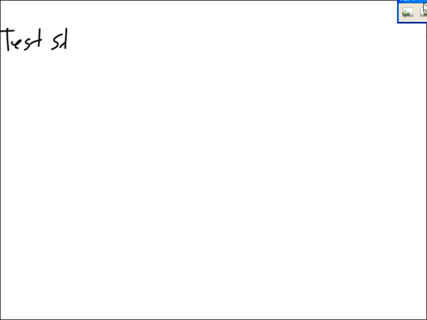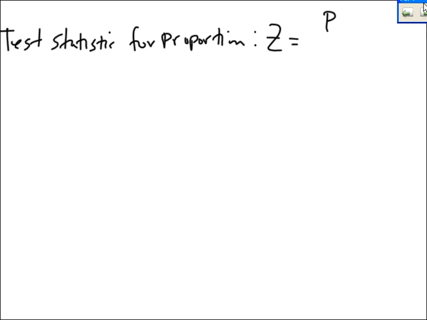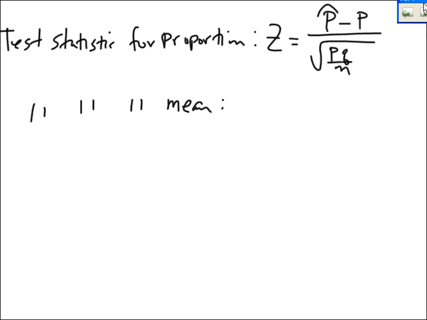The test for the proportion is Z is equal to P hat minus P divided by the square root of PQ over N. The test statistic for the mean, that Z is equal to X bar minus mu over sigma, and we multiply the top by the square root of N. That's if N is greater than 30.